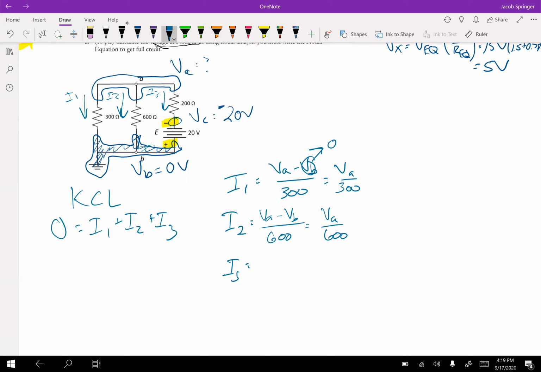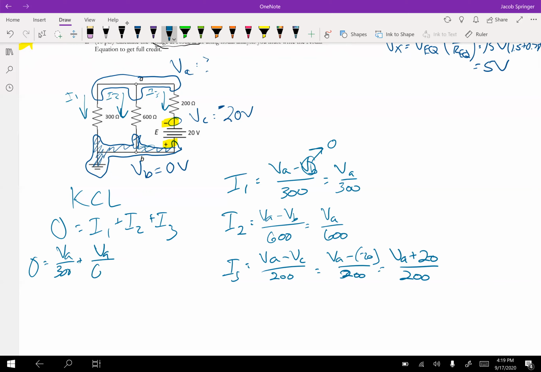I3 is going from VA to VC, from tail to tip. VA minus VC going across a 200 ohm resistor. I know VC is negative 20. So I could write VA plus 20 over 200. Plug all those in. 0 equals VA over 300 plus VA over 600 plus VA plus 20 over 200.